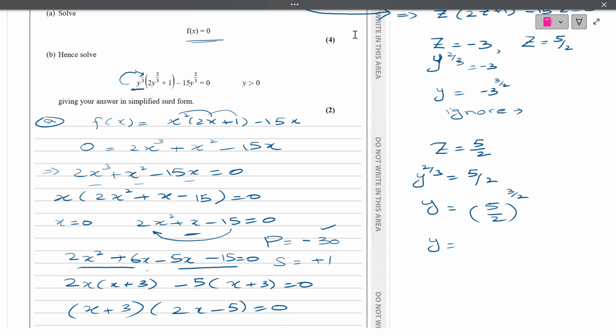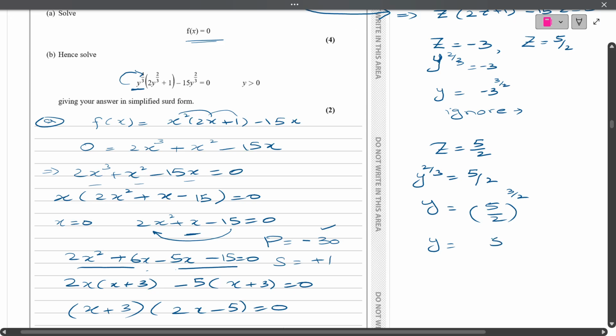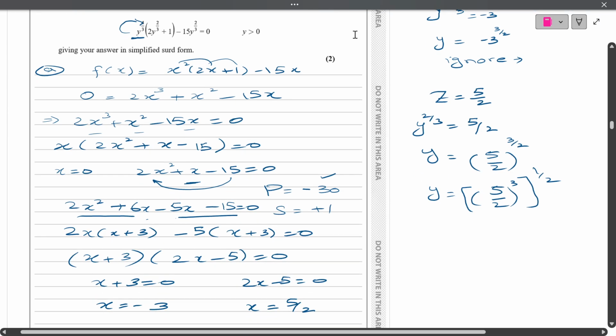I think first we need to take a cube and then a square root. So 5 cubed is 125, over 2 cubed, which is 8, and then take the square root of 125 over 8.